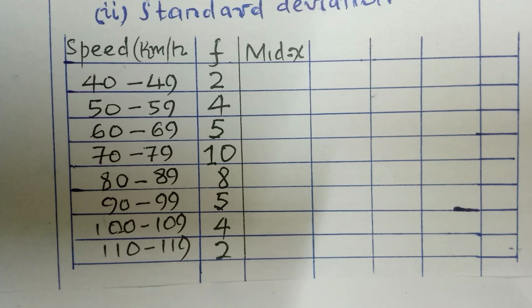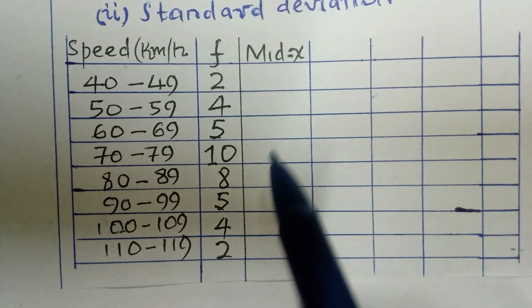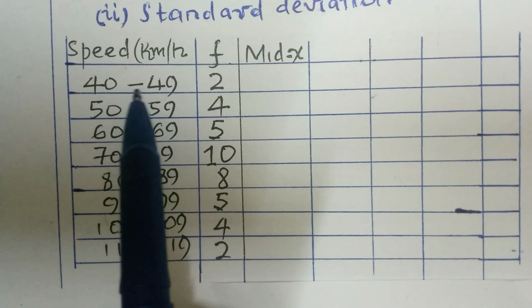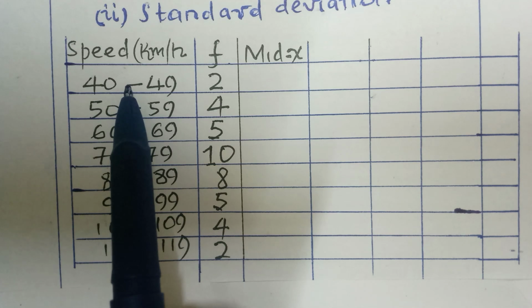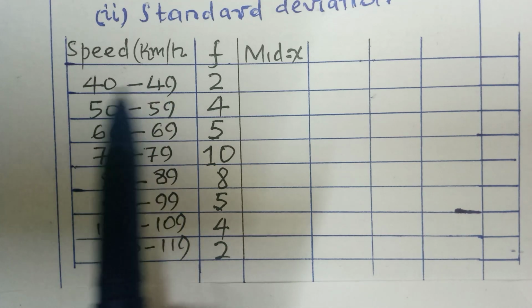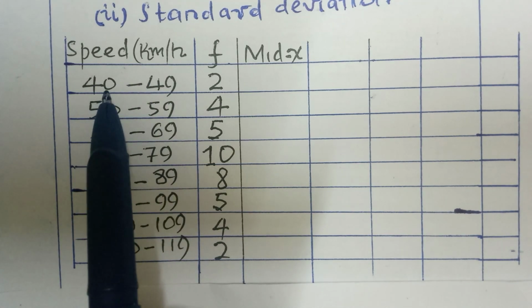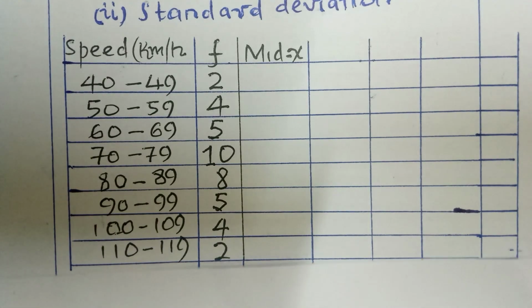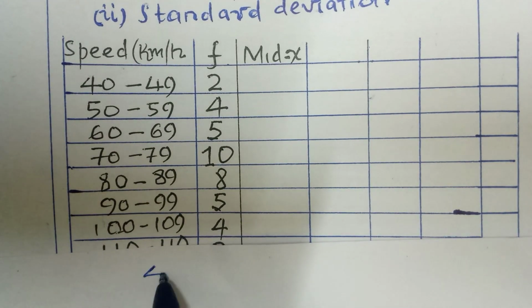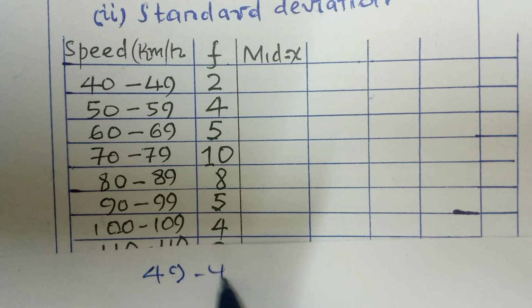So the first thing guys is to determine the midpoint of these speeds, because the midpoint will stand in for that speed in that class. So guys, what we do here, we subtract 49 minus 40.